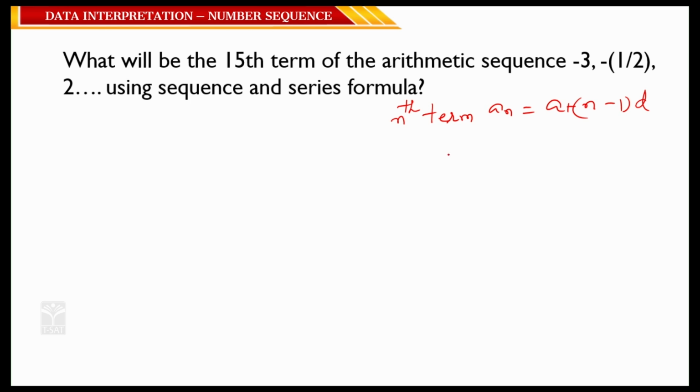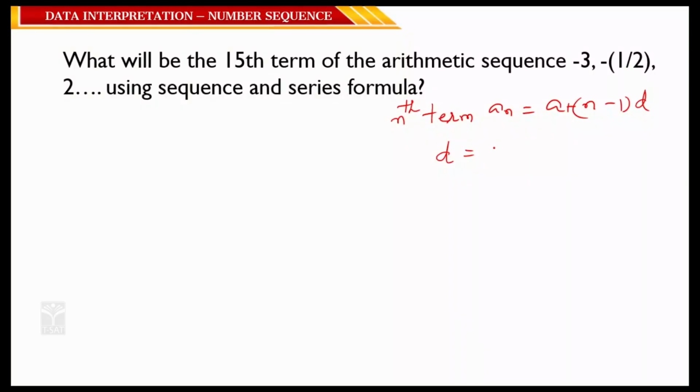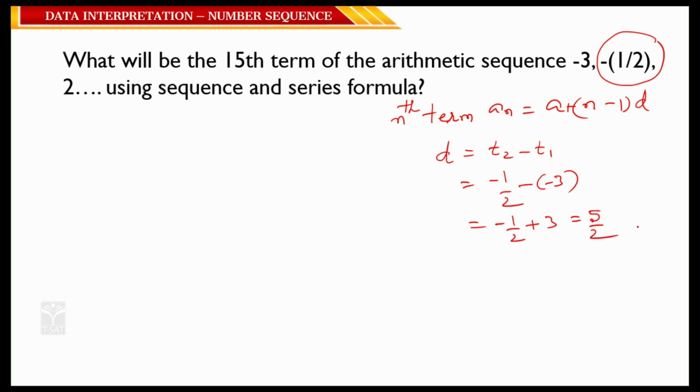You can find d by the difference of two successive terms, that is t2 minus t1 gives d. What is t2 here? -1/2. Minus the first term, -3. So, -1/2 plus 3: 3 times 2 is 6, 6 minus 1 is 5. So, 5/2 is the common difference.